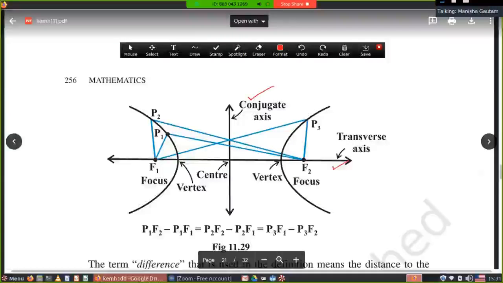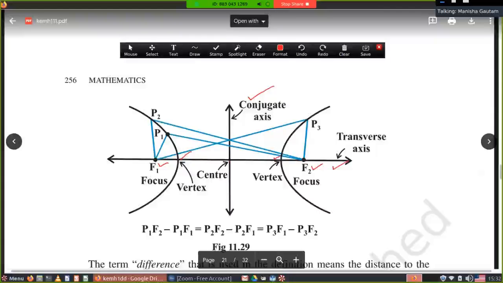Two foci are here, first focus F1 and second F2. The center is where the two axes intersect each other. Where the curve cuts the axis is known as a vertex. These two are the vertices, and there are two foci and two axes, one conjugate axis and the other a transverse axis.